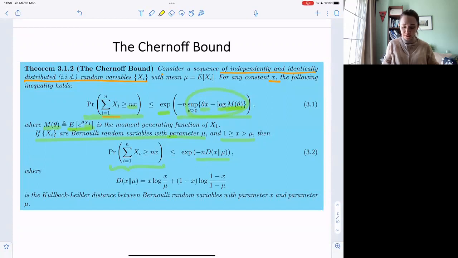What does this distance mean? This is the Kullback-Leibler distance, which we will remember from information theory.